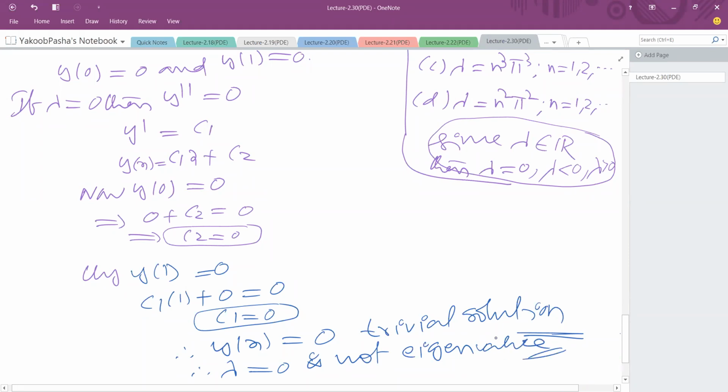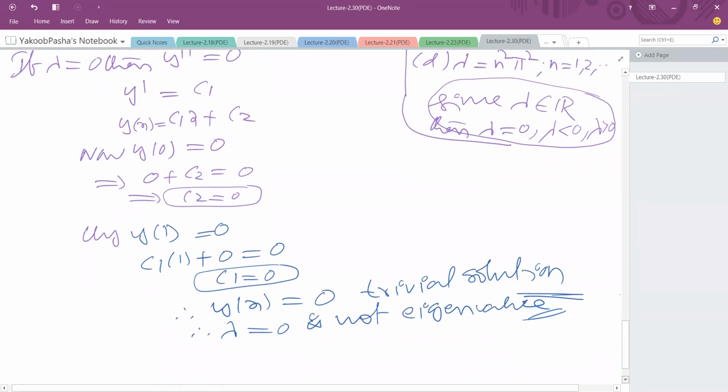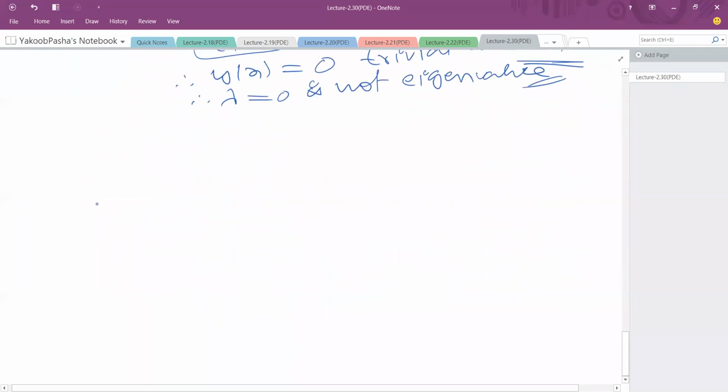Now, if lambda is a negative number, then we can write lambda is equal to minus mu square, not minus mu whole square. Then the given equation becomes y double dash minus mu square y is equal to 0.